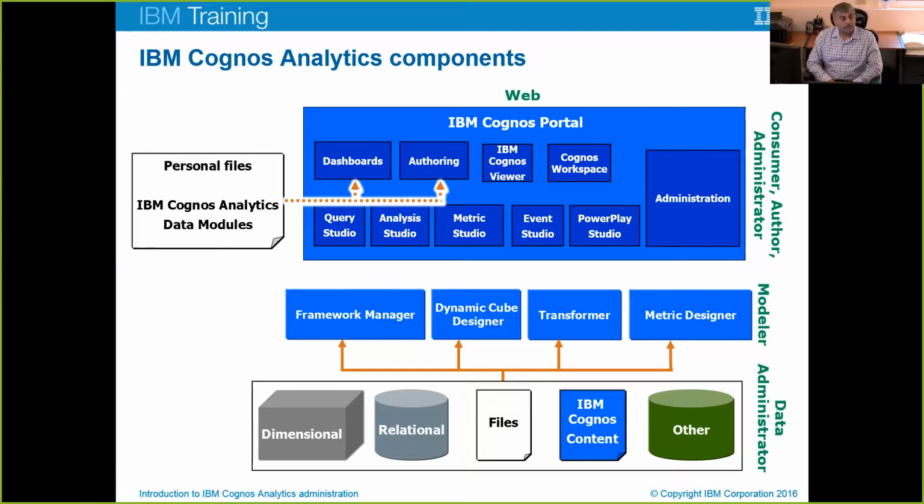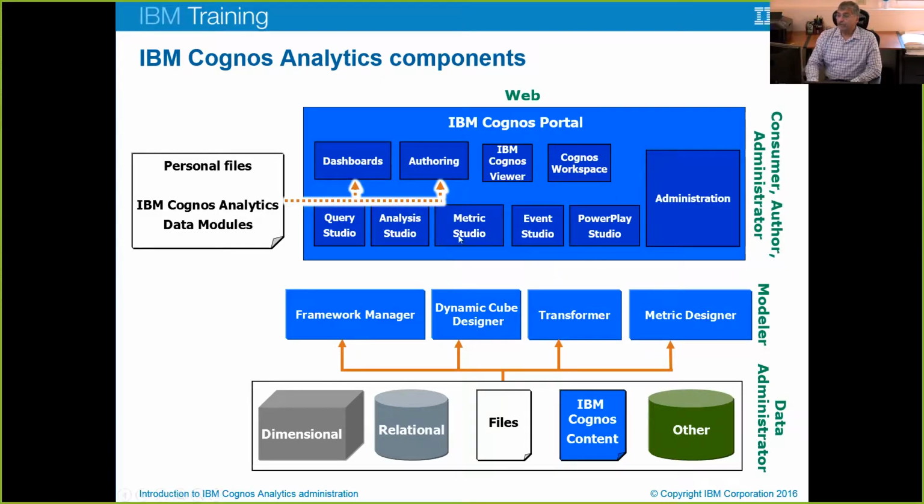Metric Studio is an application for creating scorecards. In Event Studio, you can capture events like some data changes, some report running, report succeeding, report failing. So various types of events can be captured and tasks can be done based on the events.